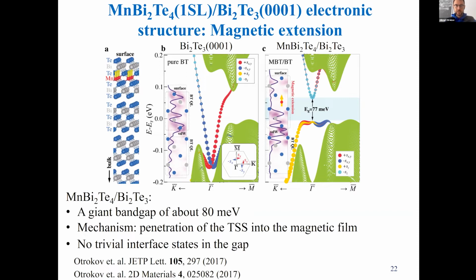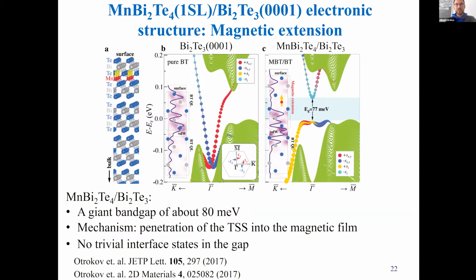So what is this? We started by depositing, theoretically, in DFT calculation, because this is what I am doing in my research, a single septuple layer film of manganese bismuth telluride on top of the bismuth telluride surface. We have studied the magnetism, and we have found that it is ferromagnetic with the moments pointing perpendicular to the surface.